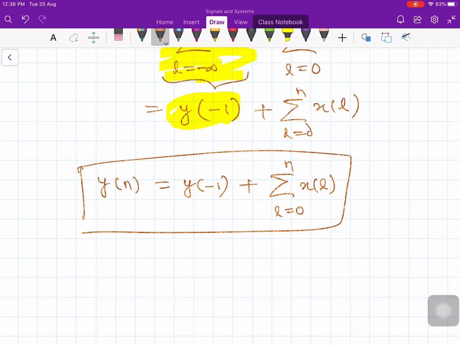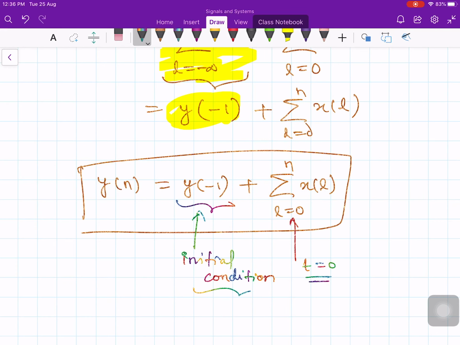And by the way, this one is called the initial condition, because let us say I am starting my system at time t equals 0. Whatever is there in the system before t equals 0 is called the initial condition.